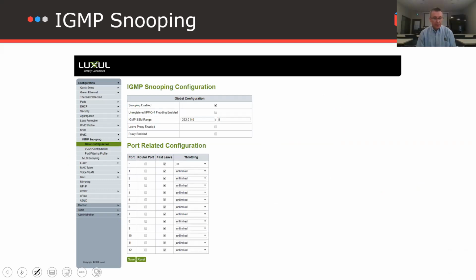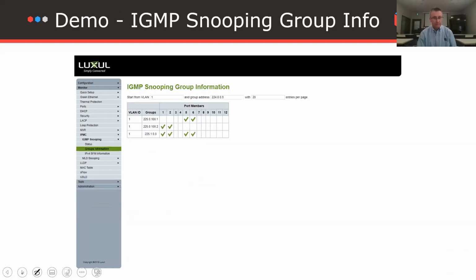It's a very easy thing to enable. It says snooping enabled, and we put a check mark on there. It's that easy. So this is the group information table that the switch maintains. When we set up multicast, the switch will set up multicast groups. This is actually a screenshot from my demo system. I have an encoder decoder pair on channel 1, multicast group 1, and an encoder decoder on channel 2.